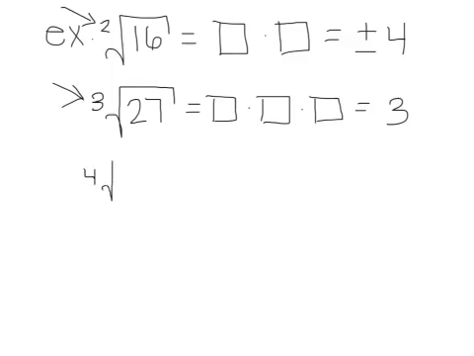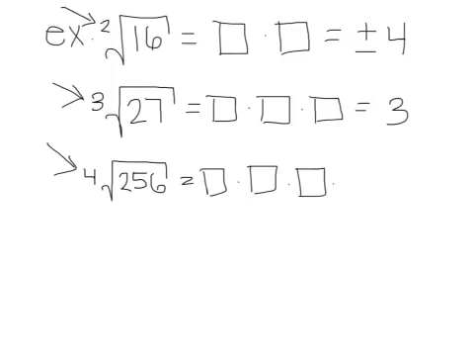The next example is if you have the fourth root of, let's say, 256. This is saying what number times itself 4 times will get you there. Since this is a positive root, we are looking for a positive or negative number that could get us to 256.